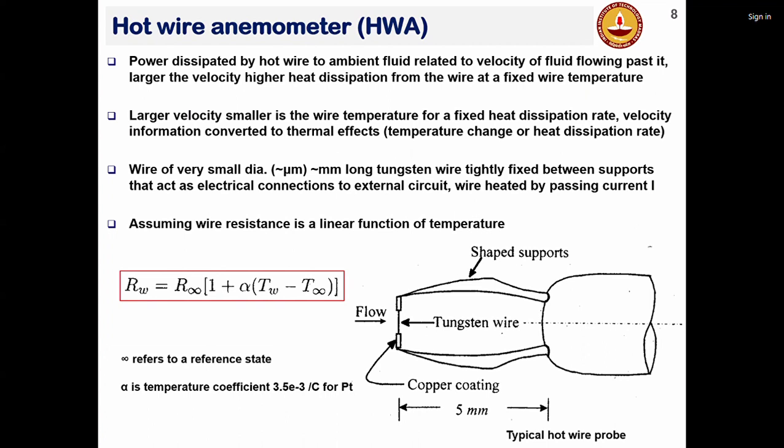Yes, that is a good question. Heat transfer can happen in both ways. Let's say the ambient is hot and the wire is cool. Now the heat exchange will come from the ambient to the wire.